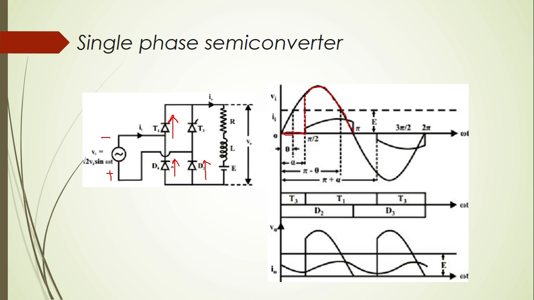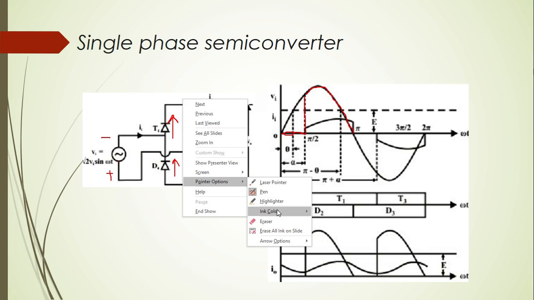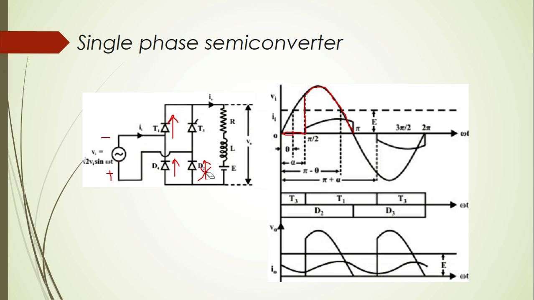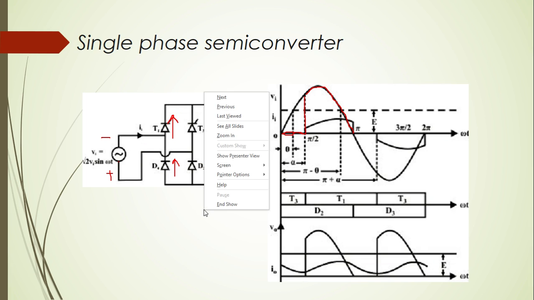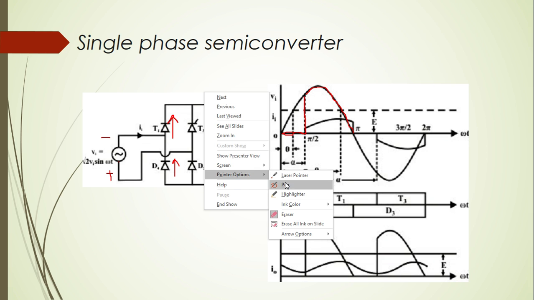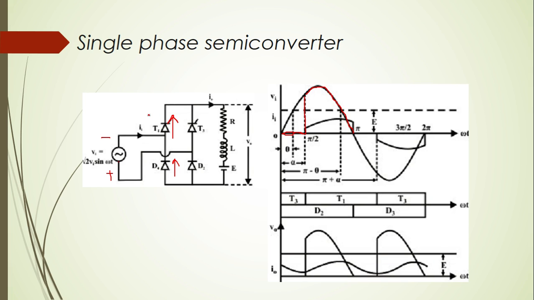Since D4 is turned on, the path is short circuited, so the negative potential is applied to the cathode of diode D2, and hence D2 becomes reverse biased. At this moment only T1 and D4 conduct.